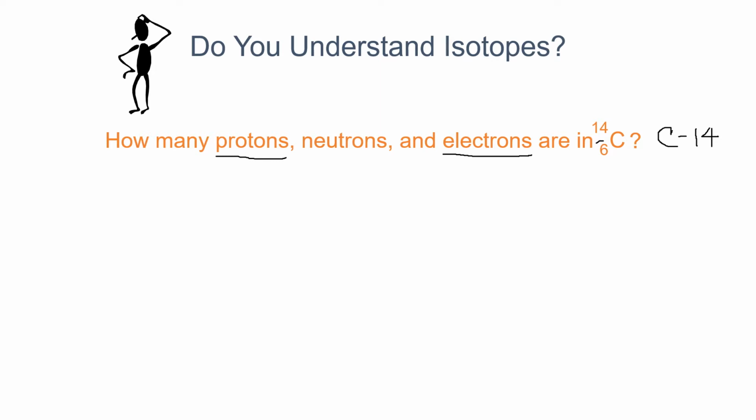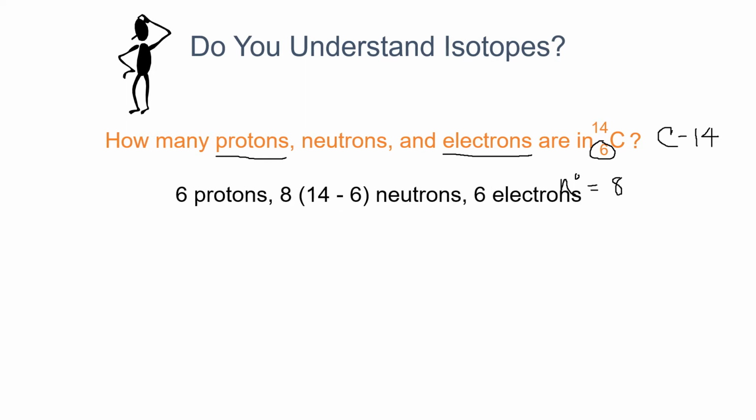Again, our number of protons is given by the atomic number, and the number of neutrons is determined by subtracting 6, or the atomic number, from the mass number. So our number of neutrons then is going to be 8.